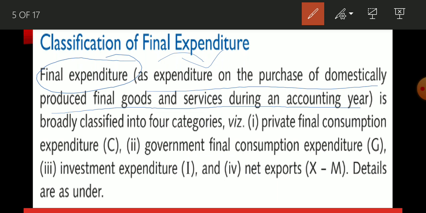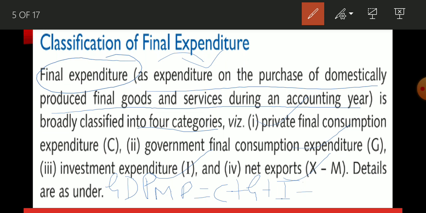Final expenditure is broadly classified into four categories. First is private final consumption expenditure, C. Government final consumption expenditure, G. Investment expenditure, I. Next export, X minus M. In the starting I had written GDP MP is equal to C plus G plus I plus X minus M. Here X is export and M is import.